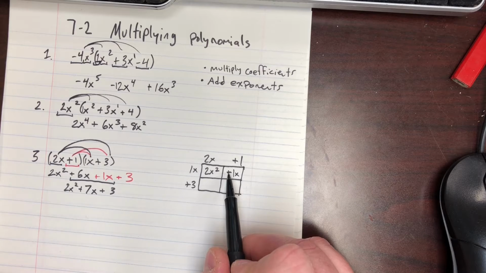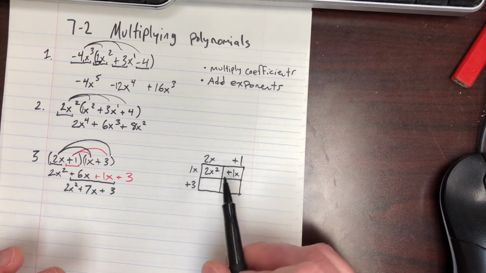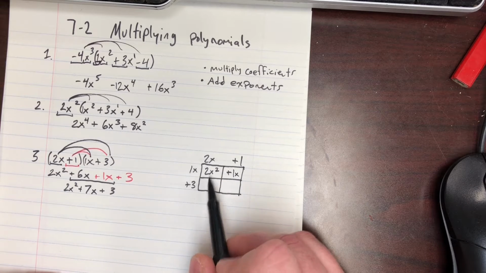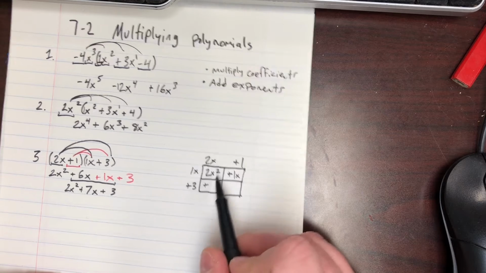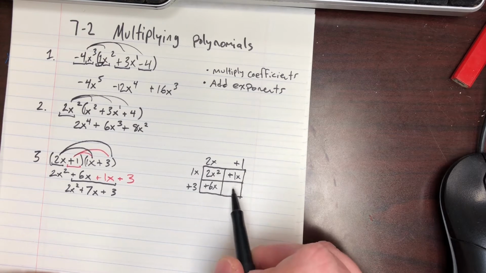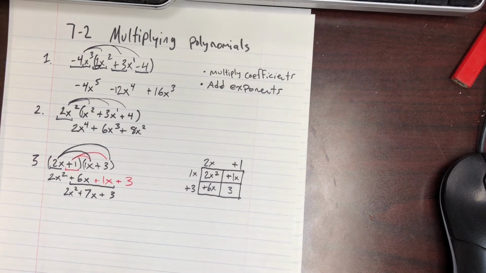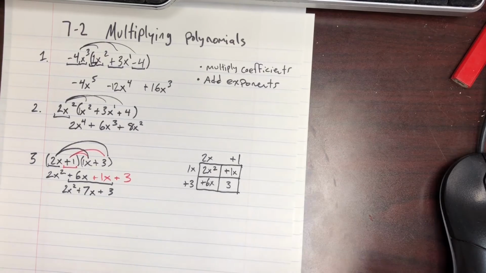Some people don't write the pluses in here, and some people also don't write the 1x's, they just write x, and that's totally fine. Down here, 2x times 3, that's plus 6x, and then down here, plus 1 times 3. 3 times 1 is 3, okay. And then I'm going to combine my like terms.